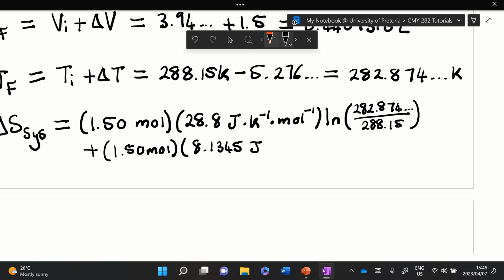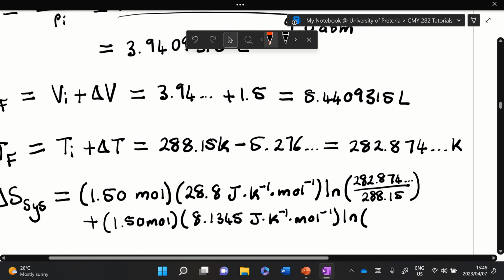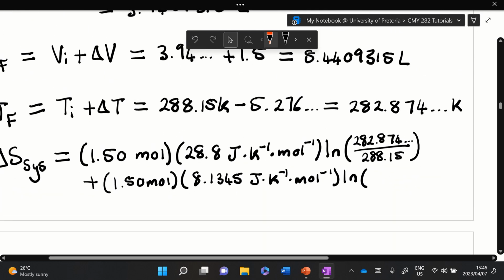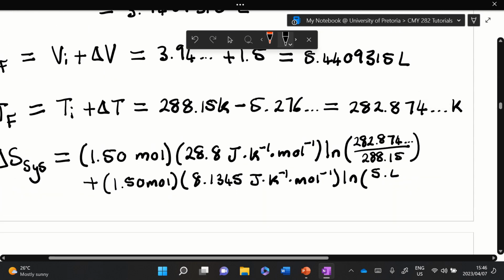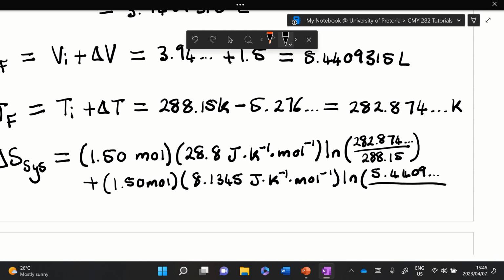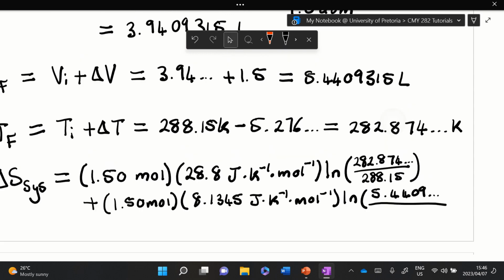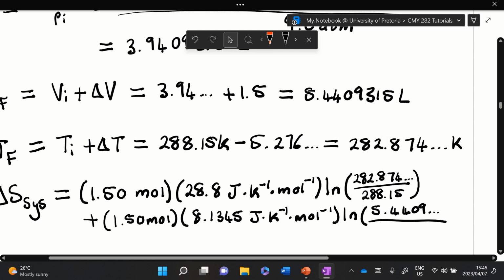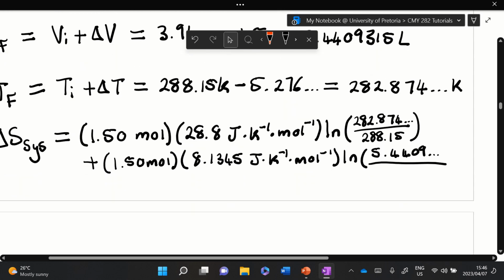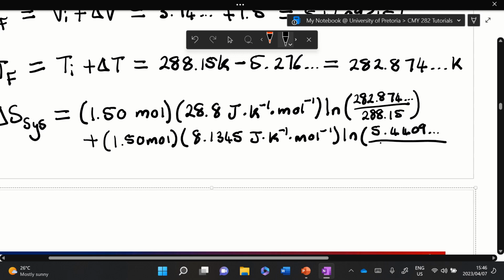I always love writing that number because it makes me think about counting. Joule per mole Kelvin, ln of the final volume. Final volume is 5.4440 and numbers divided by the initial volume, which is 3.94 and some stuff.